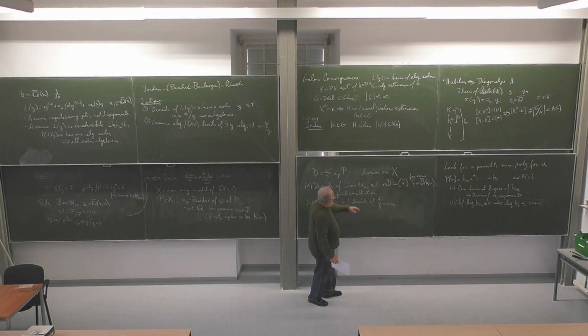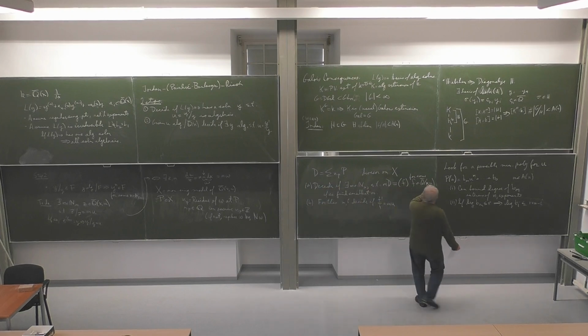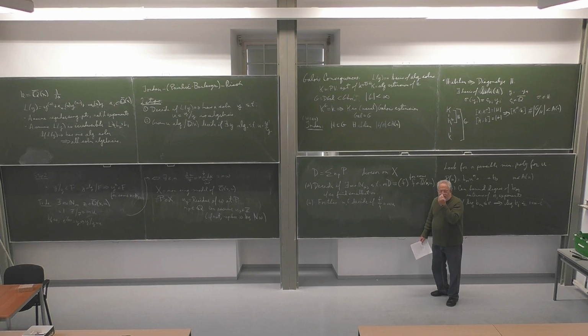So I have an element in here, I have u in here, I should be able to decide whether this holds. Now, I have to convince you why this is enough, but first, it's understandable.